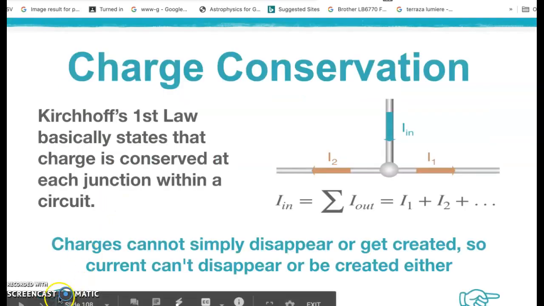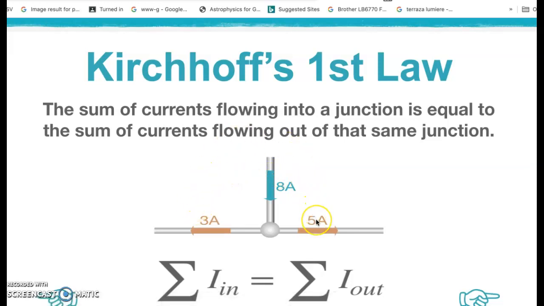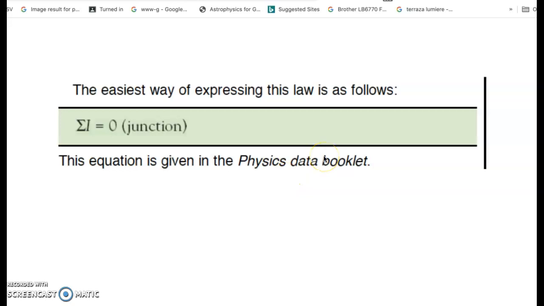So if we go back to the previous example, 8 minus 3 minus 5 will give you 0. That's the net total. So that's rule number 1.